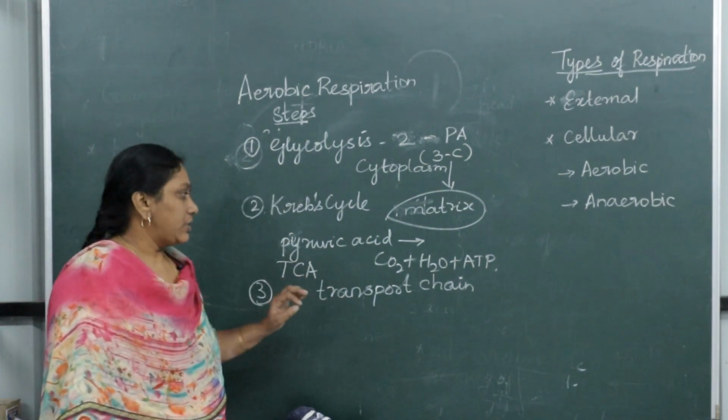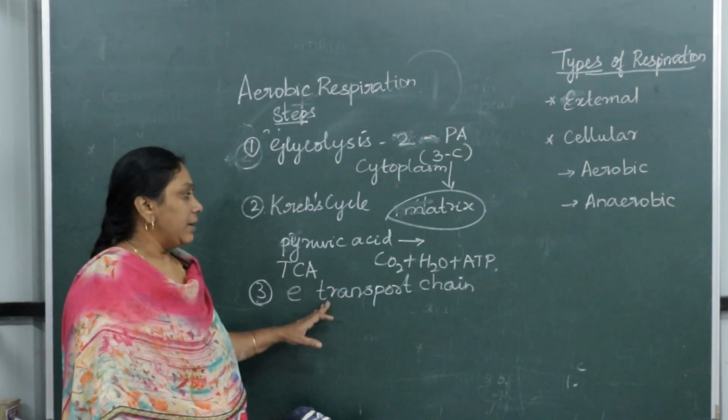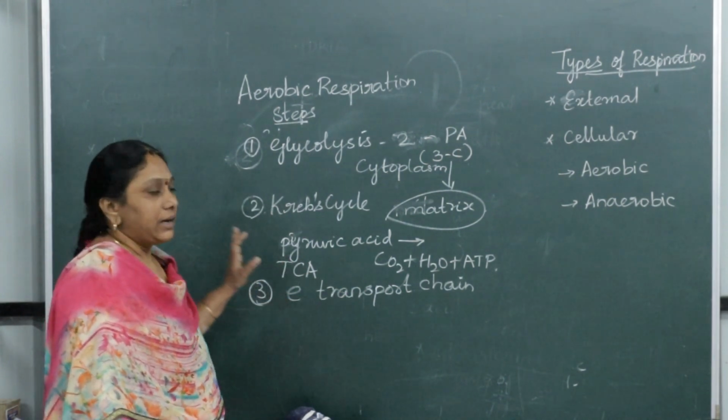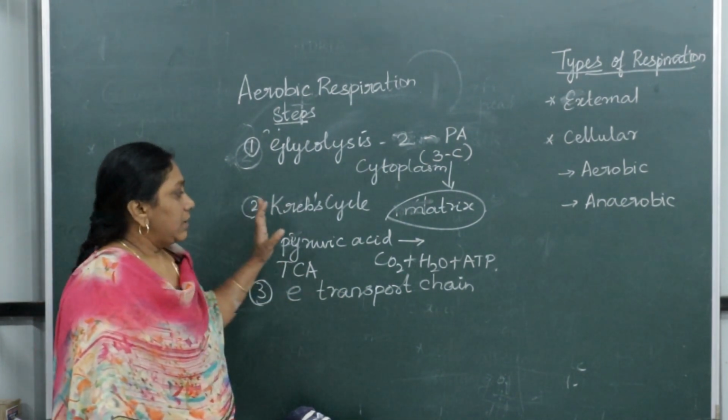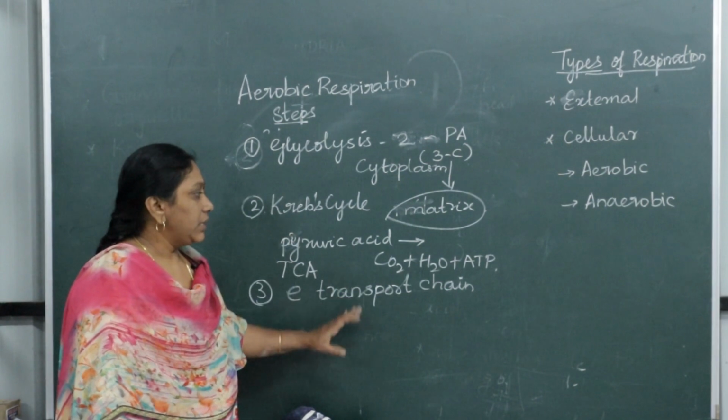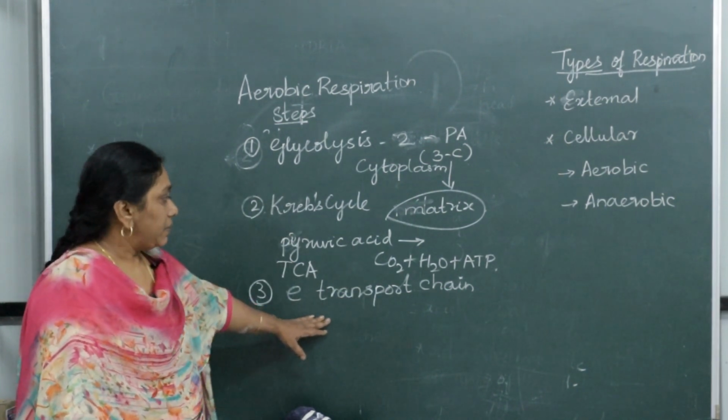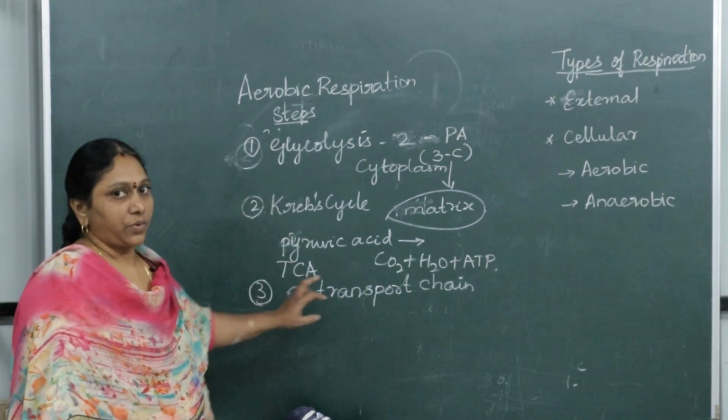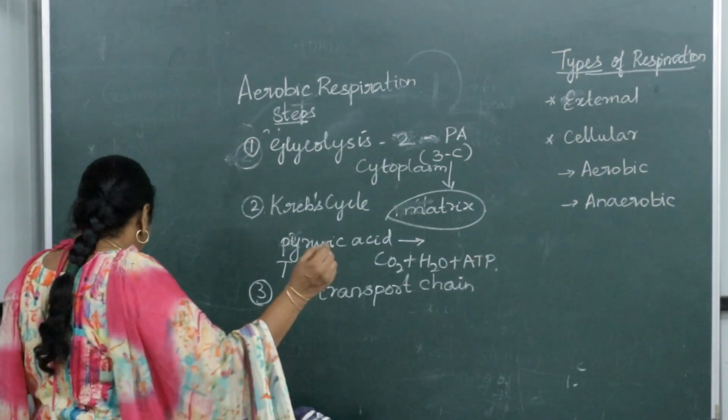How does this electron transport chain work? It is accomplished by a complex electron carrier complex found in the mitochondrial inner membrane of the mitochondria.